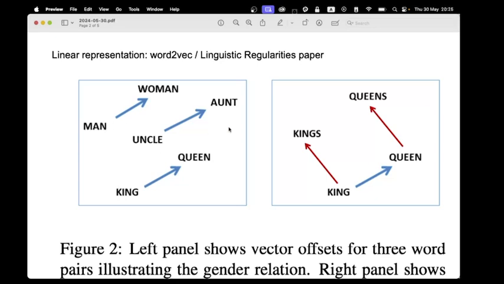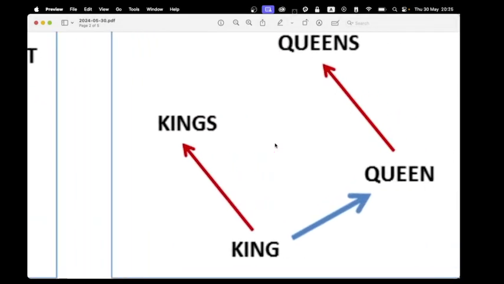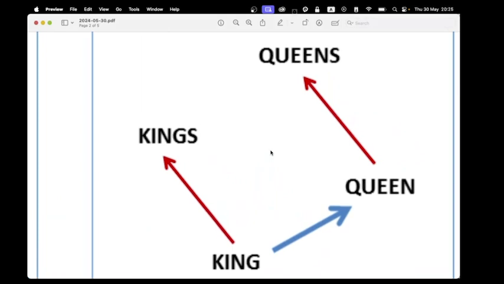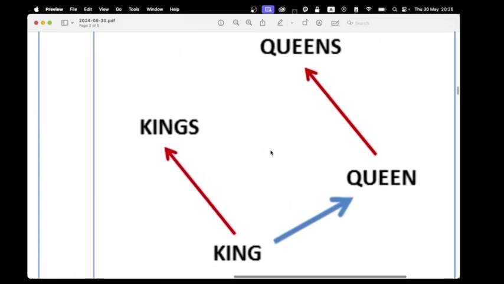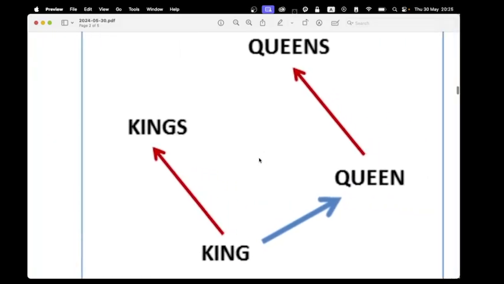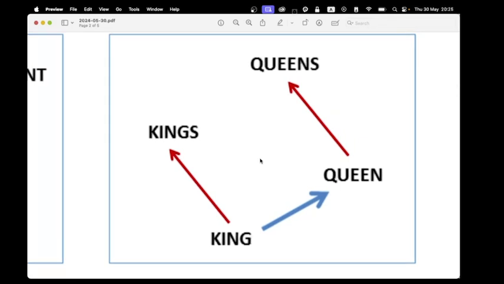The original word2vec paper claimed that if you have king, and we say king minus man plus woman is queen, or we have Paris and we say minus France plus Russia, we get Moscow.